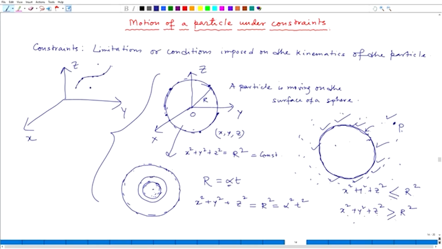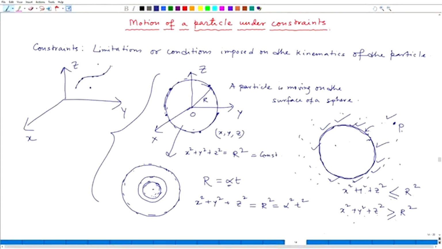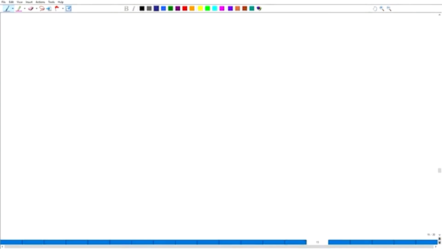We can also think of two very useful examples which will be used in our discussion, that is the case of a pendulum. So, a simple pendulum, which is a very popular example. I can draw a string of fixed length and a mass bob of mass m hanging from this.